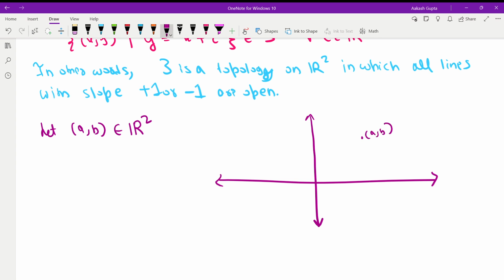Let us see this line, and let us have another line like this.